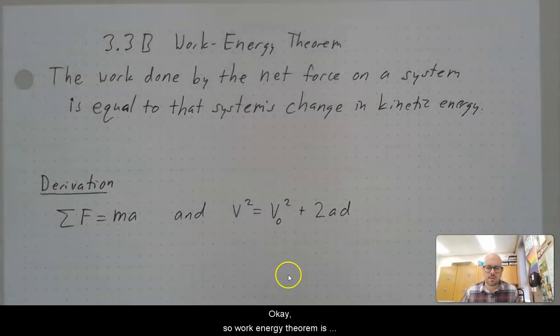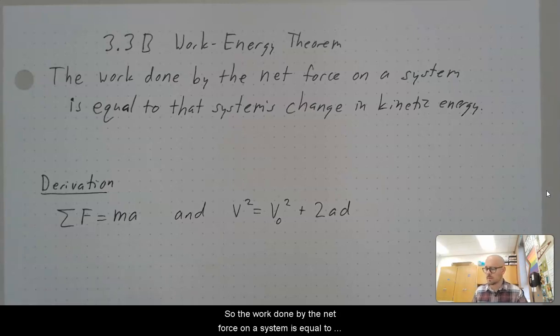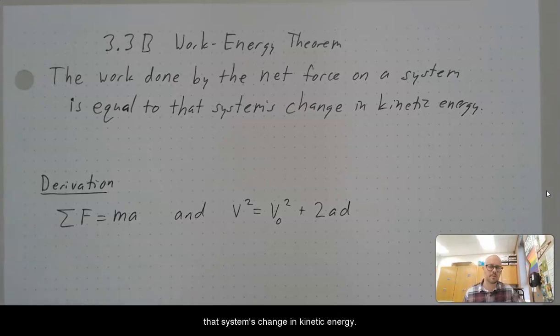Okay, so the work energy theorem is basically presented as an alternative to Newton's second law because it is the same thing with just different variables in there. The work done by the net force on a system is equal to that system's change in kinetic energy.